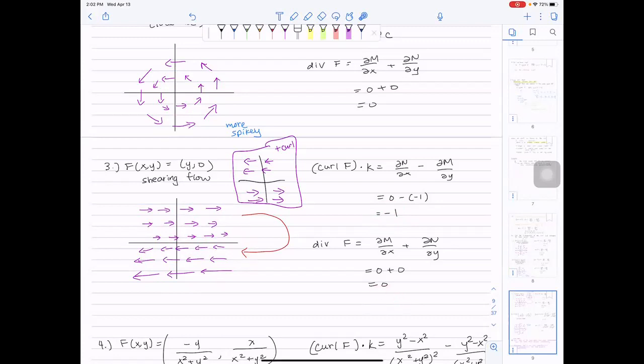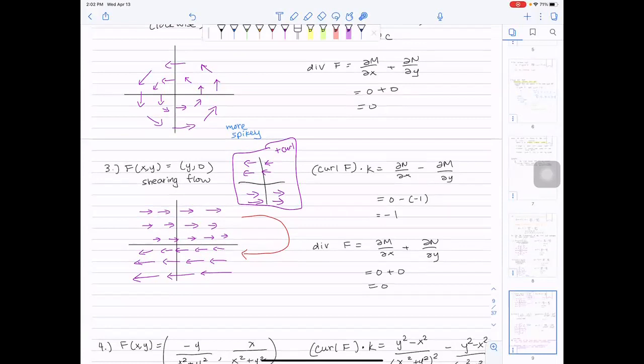Yes? What are the key differences between circulation and curl? Circulation is like the work done in the field. Is it related to curl, or are they different?